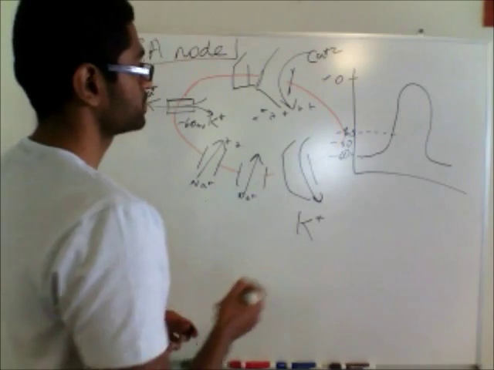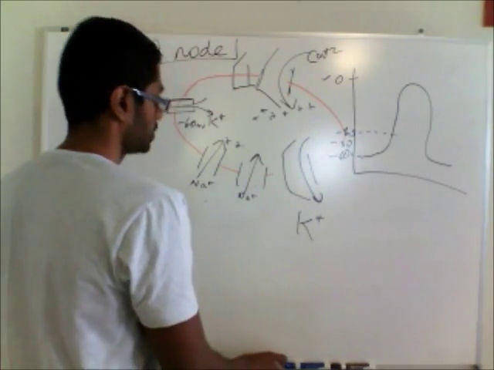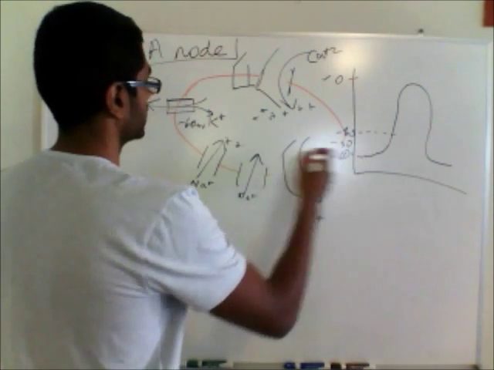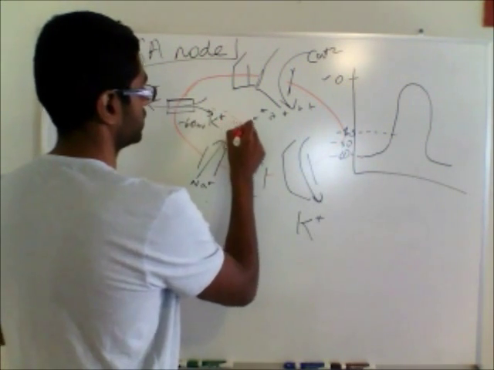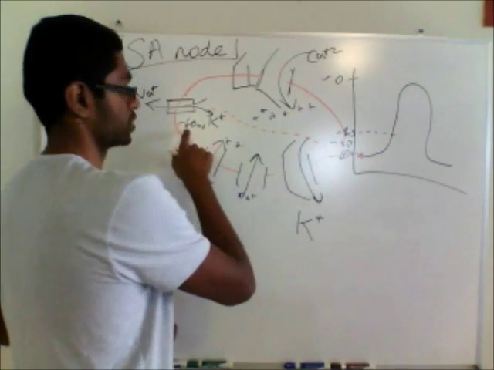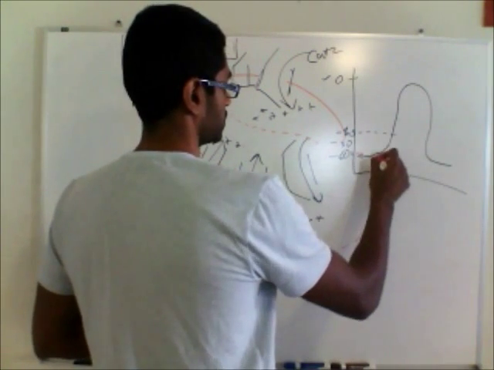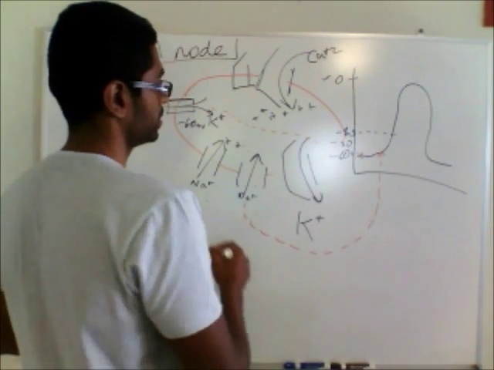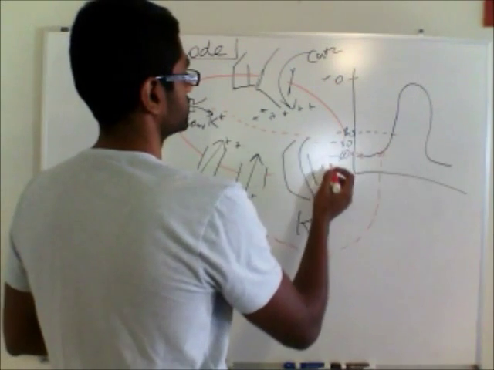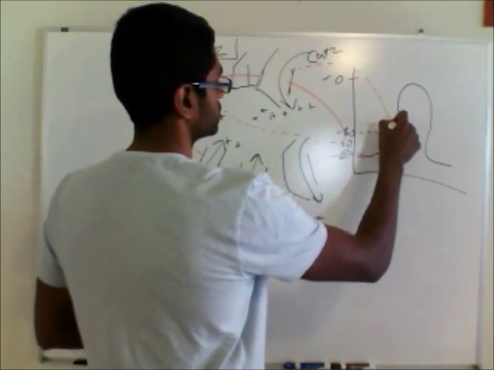Okay. So let me mark it here. So initially you have this negative 60, which is maintained by your sodium potassium pump. The sodium channels make it start creeping up. Exactly. Once it hits threshold, you have your calcium channels.